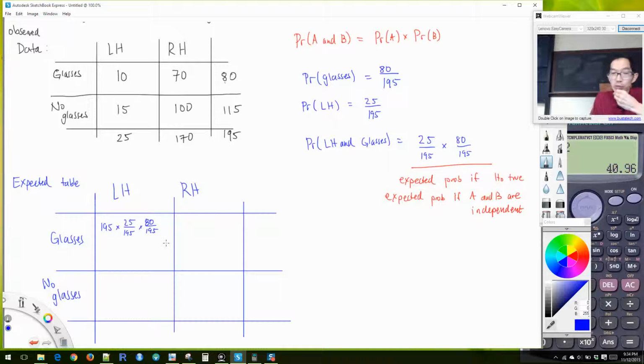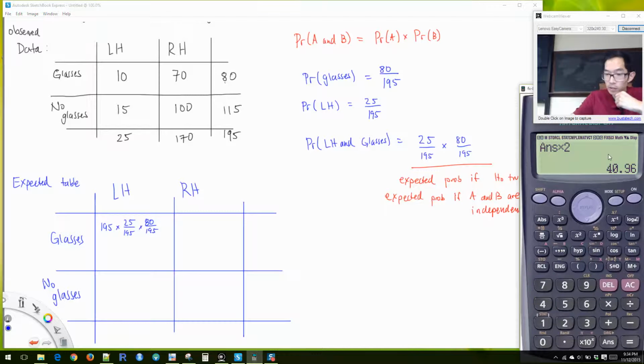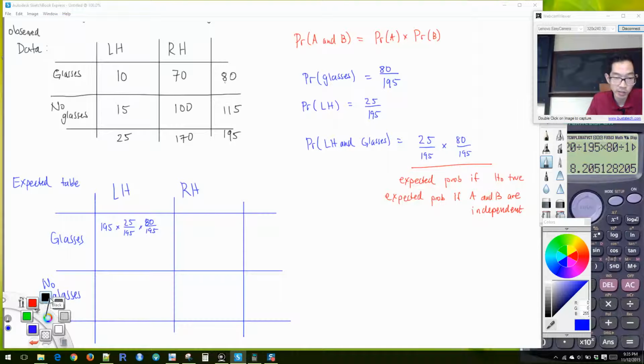Okay, and so we're just going to punch this out in our calculator. I do 195 times 20 divided by 195 times 80 divided by 195. Okay, and so I get an expected count of 8.205. And it's totally fine that my expected count has a decimal.